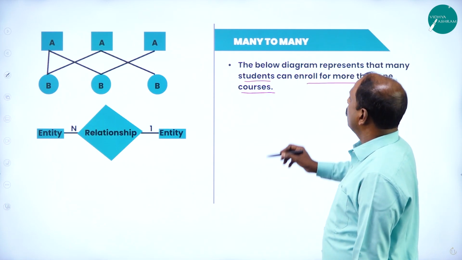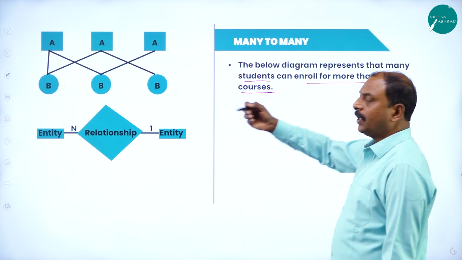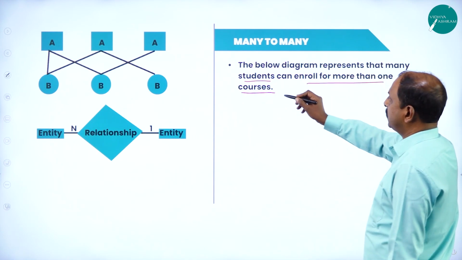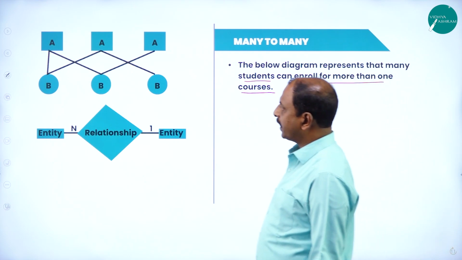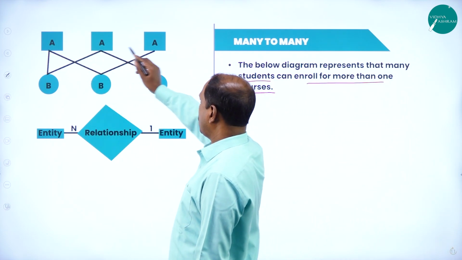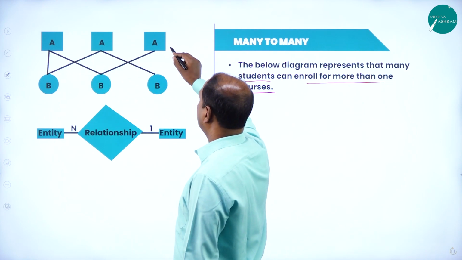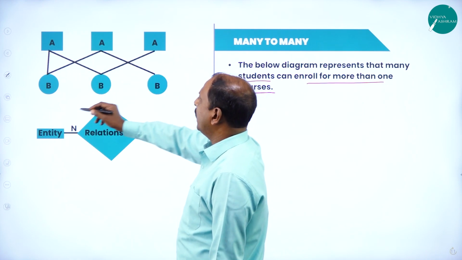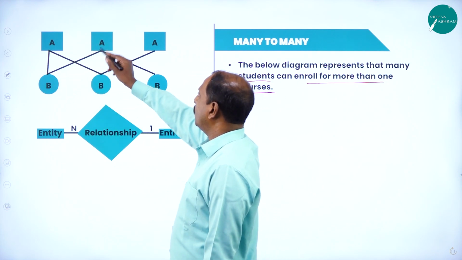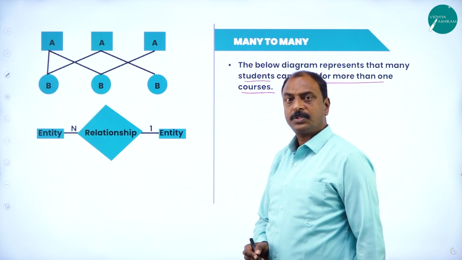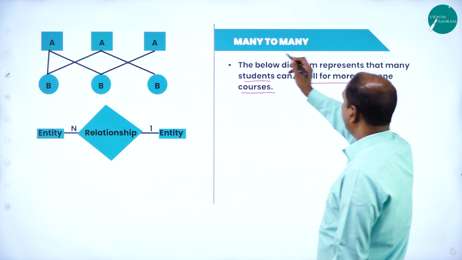But here, many students enroll for many courses, an example of a many-to-many relationship. Look at the diagram here. Suppose these are students, and there are three different courses. Each student can enroll for more than one course. So this is an example for many to many.